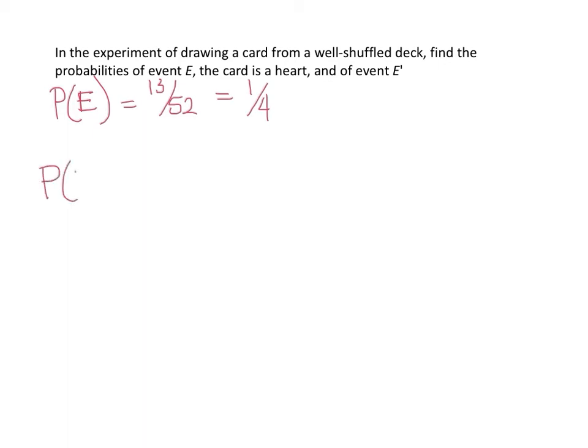The complement would then be everything that's not a heart, the remaining 39 cards out of 52 total, which gives us a probability of 3/4. So if you add together the probability of your event and the probability of its complement, you should get a value of 1.